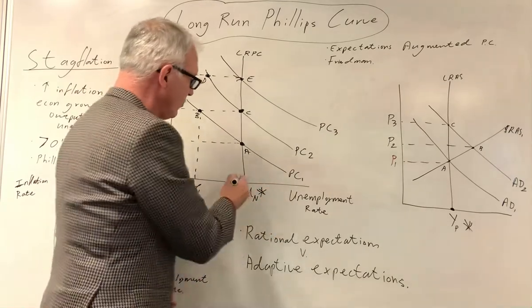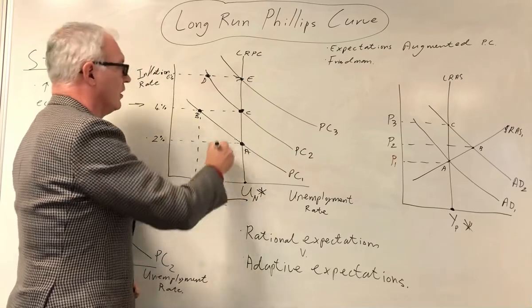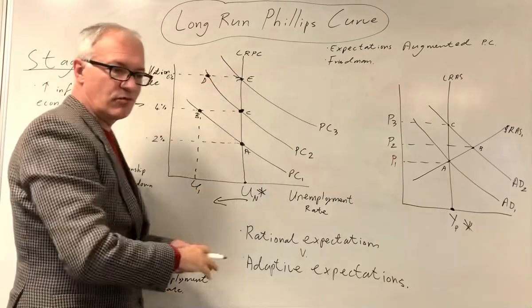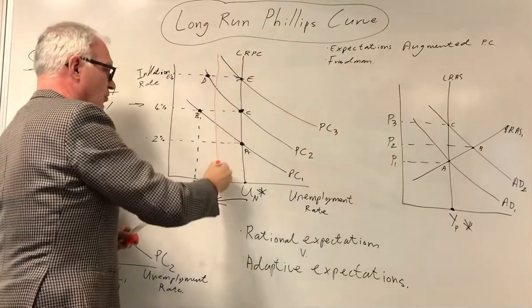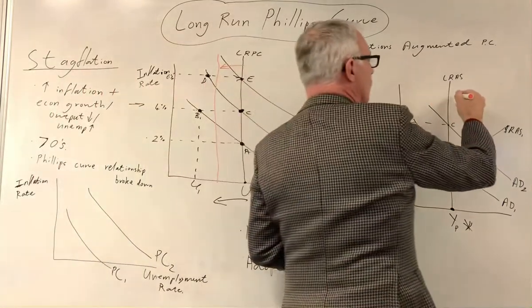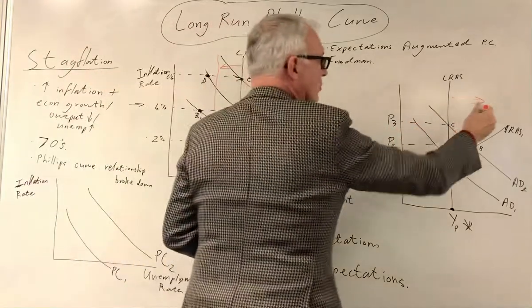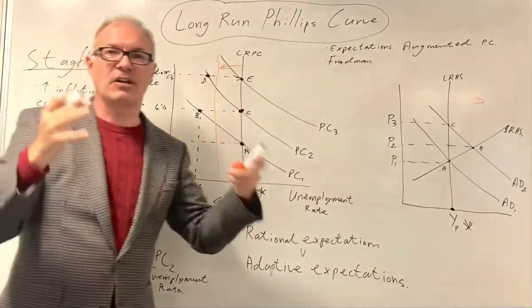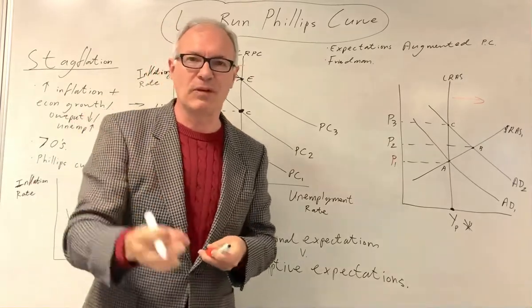And if you want to reduce the natural rate of unemployment and form a new Phillips curve, should we do this in a different colour? If you can see that, I don't know. You could move the Phillips curve to the left. And indeed, you can move long-run aggregate supply to the right. But what you need to use is supply-side policies to do that, to increase productivity in the economy.